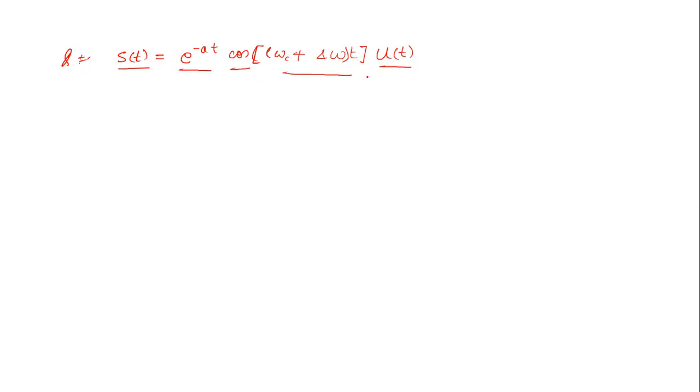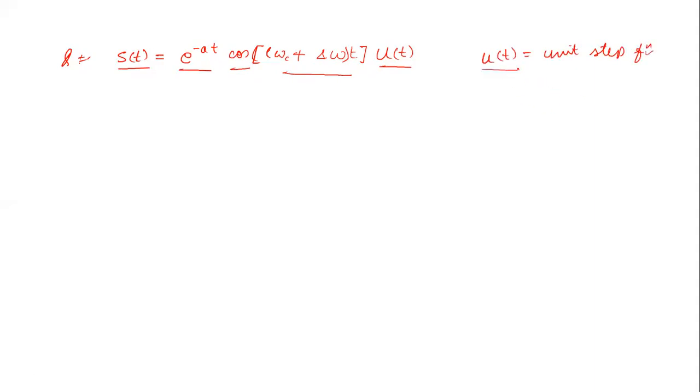So I think all of you know what this u(t) is. Sir, unit step function. Yes, u(t) denotes the unit step function. And what is the definition of this?